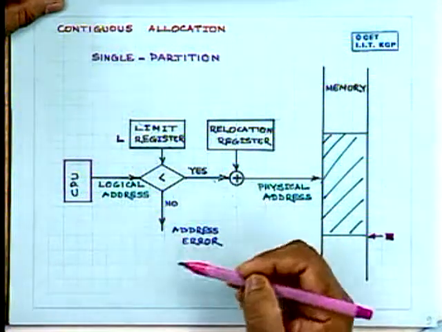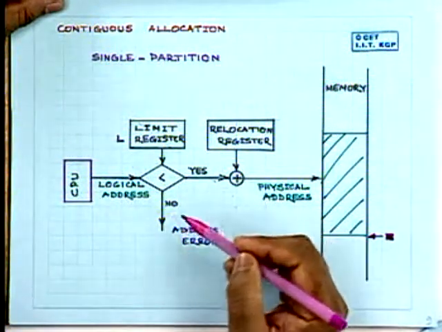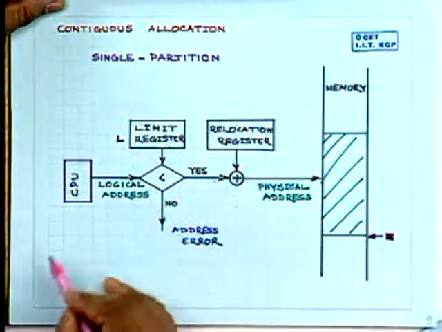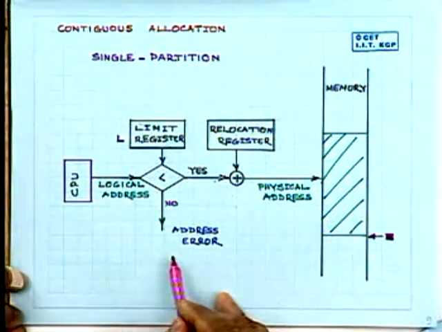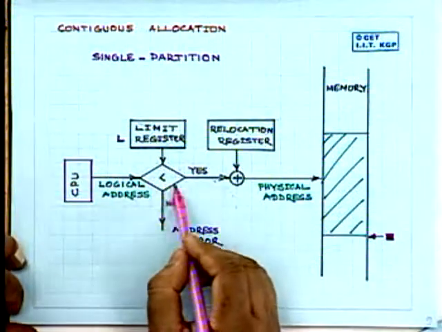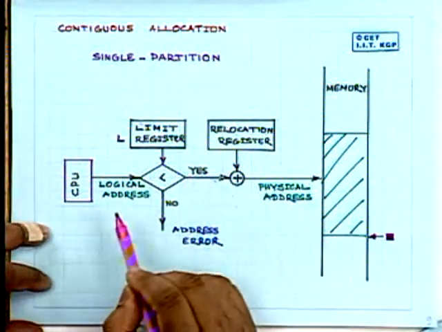That means you are violating the address of your logical address space, and a trap is generated, and immediately the operating system takes hold of it and takes care of the situation. An address violation has taken place. But if it is less, that means no address violation has been done.